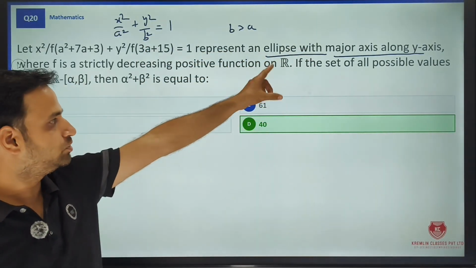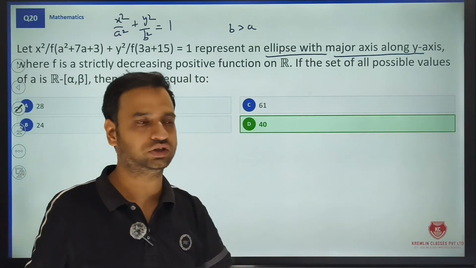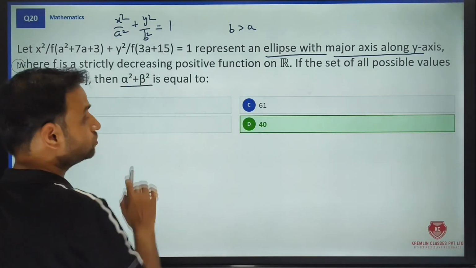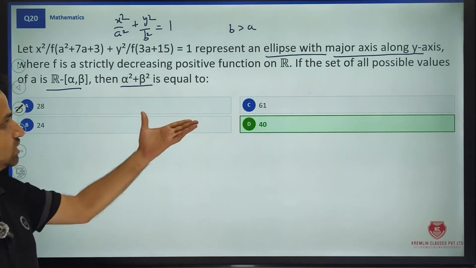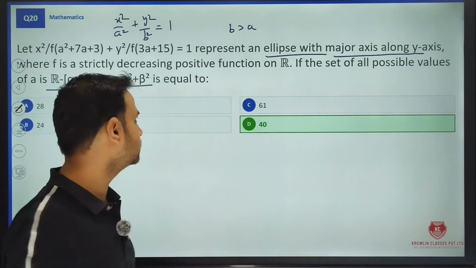This is the ellipse with major axis along the y-axis, where f is a strictly decreasing function. If the set of all possible values is given by alpha square plus beta square, this is a simple question. This requires only the basics of functions.